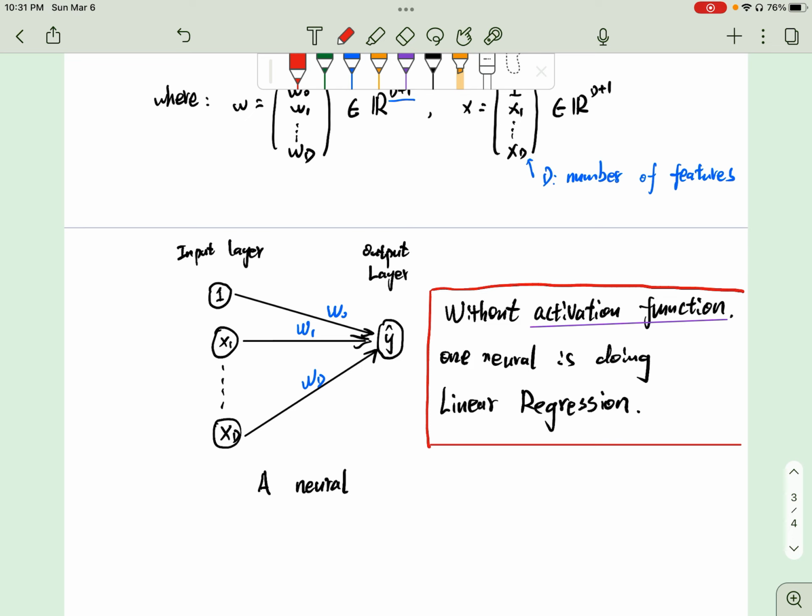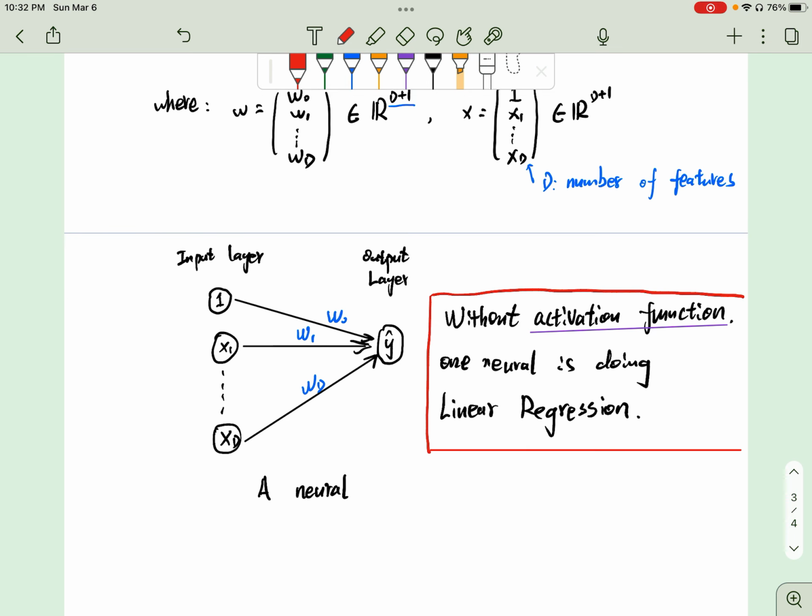But if you look closely, one neuron is actually doing linear regression, and the one more thing is that the output goes through a nonlinear activation function. That's it. That is what the neural network is doing. So without the activation function, it's just linear regression. So linear regression is actually very important here.